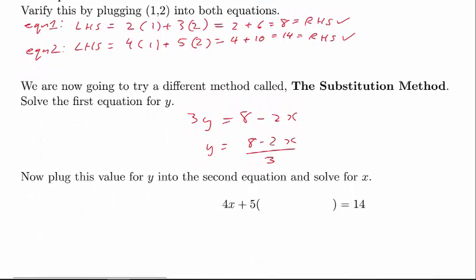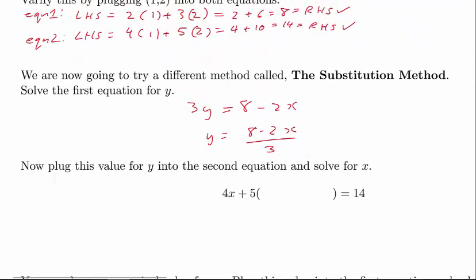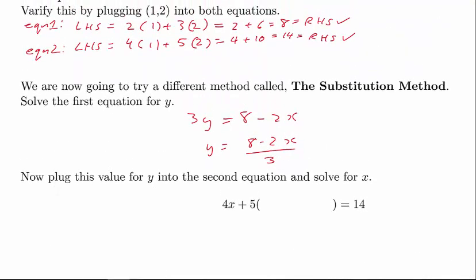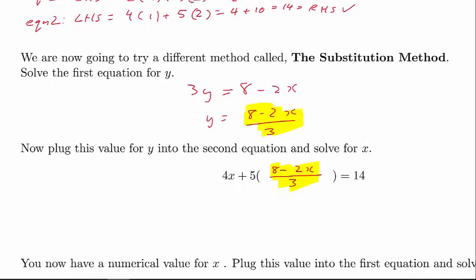Okay, so now that we've got a value for y from equation 1, we go ahead and plug this into the other equation, like so. Alright. And then we solve for x.